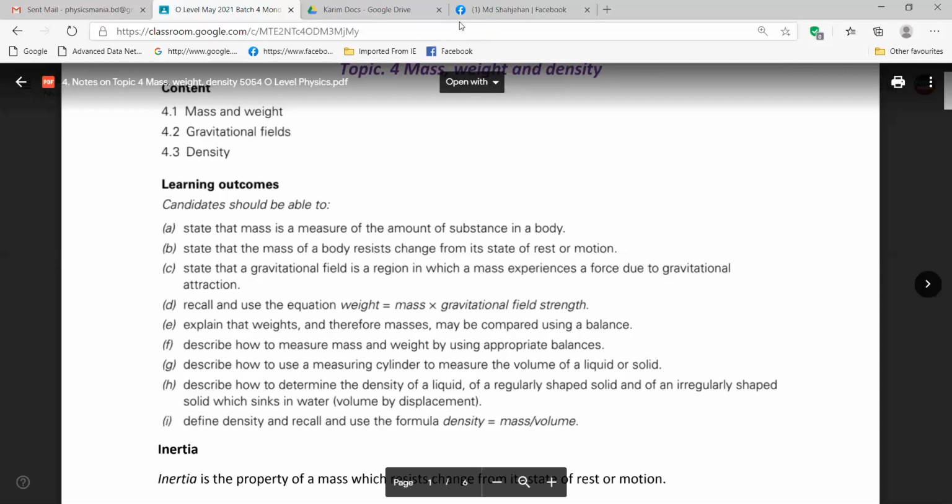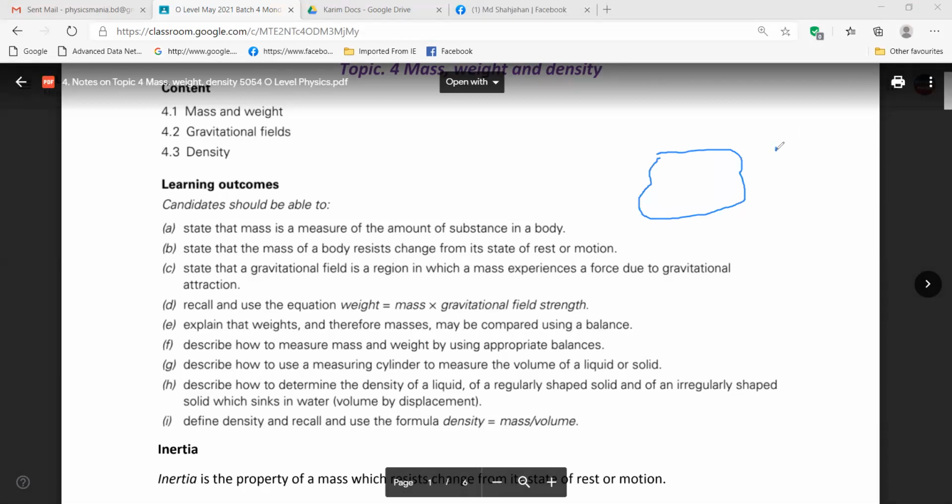Similar to that, I brought that idea to make you understand that here, for example, this is the gravitational field, okay, and this one is the object.